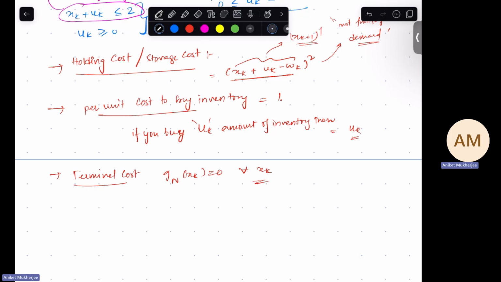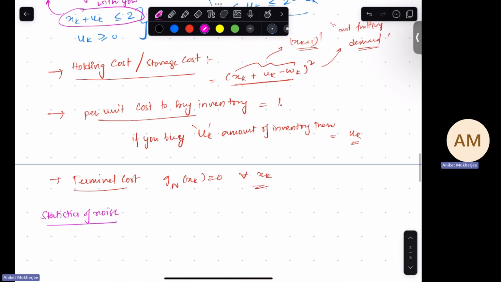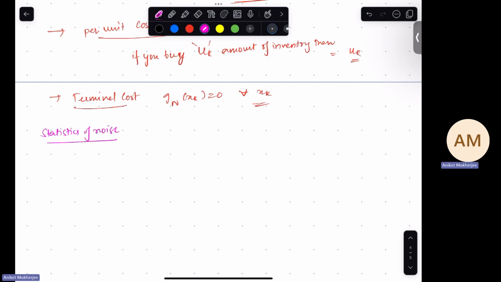Now we have to give some statistics of noise. Here your noise is wk. The statistics of your noise: probability of wk equal to 0 is 0.1, probability of wk equal to 1 is 0.7, and probability of wk equal to 2 is 0.2.